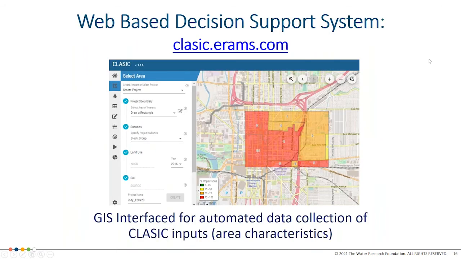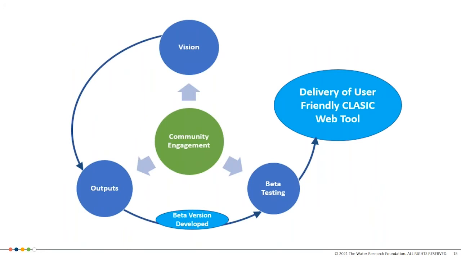As was mentioned, there was an extensive community engagement effort associated with this project. We engaged with potential users of the CLASIC tool to form the vision of the tool, to develop what would be useful outputs, and then we developed a beta version, which was then tested by potential users of the tool, and ultimately have delivered what we feel is a very user-friendly tool.